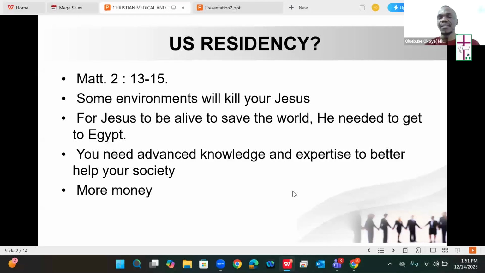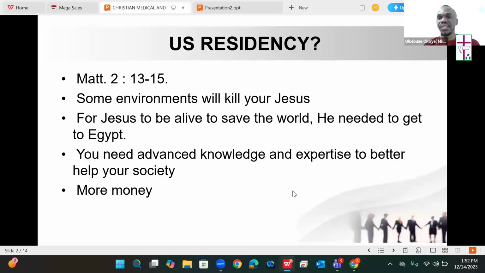So as Christians, as people that have such a drive towards going to the US and Canada, we must first ask ourselves, why do we actually want to go about this pathway? Why am I trusting God to pursue residency in the US? Are you going there to advance your knowledge, to get better experience and skills, to be able to help your community and the people back at home?